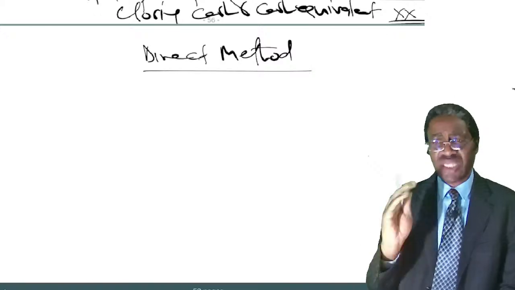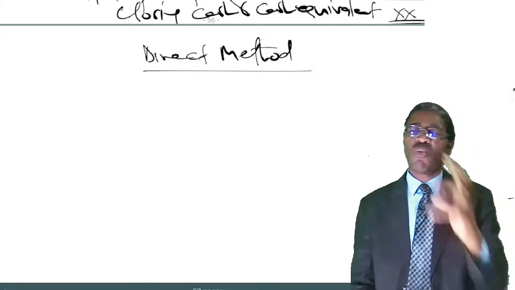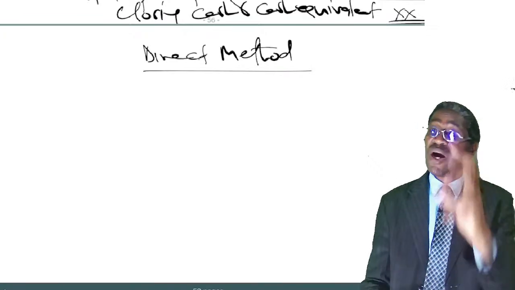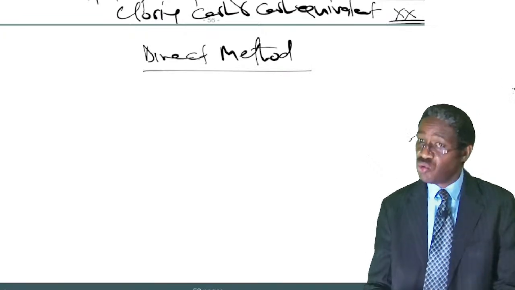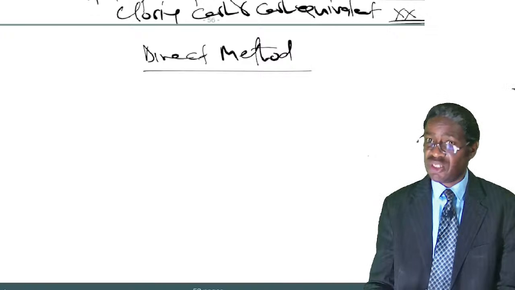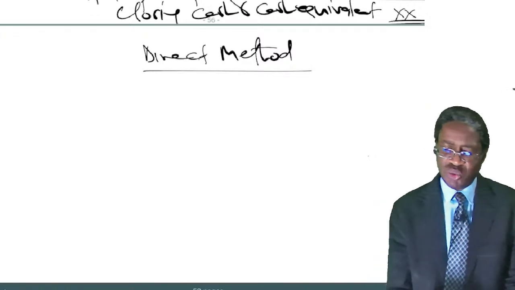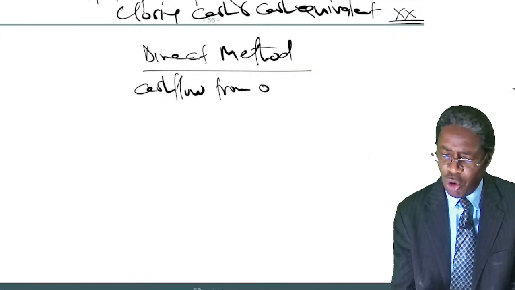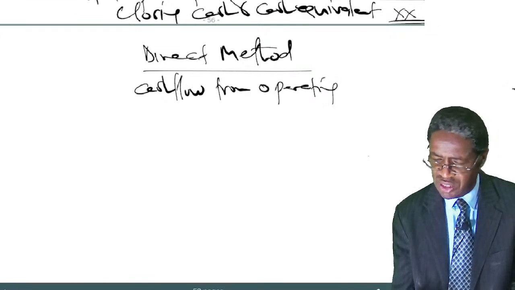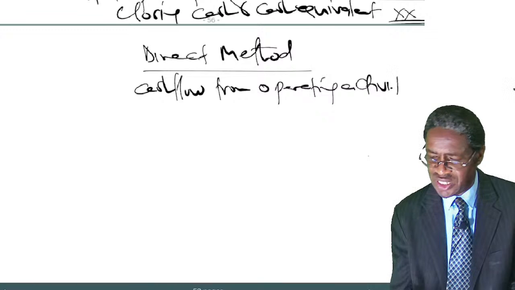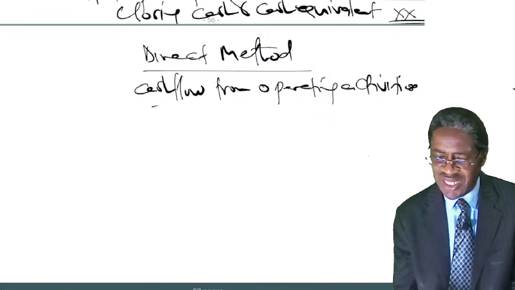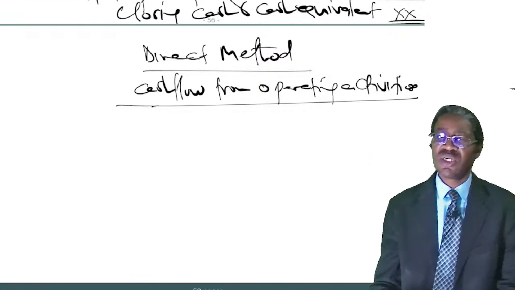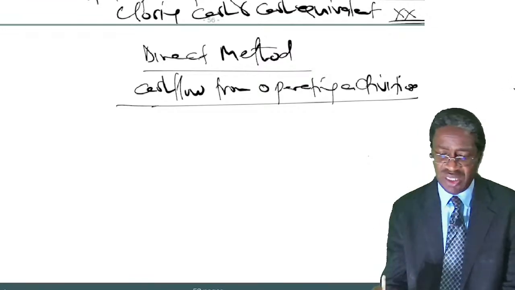So let's remind ourselves, how are you presenting cash flow statements from operating activities using the direct method? If you remember, to get the cash flows from operating activities using the direct method, there are three figures you need.